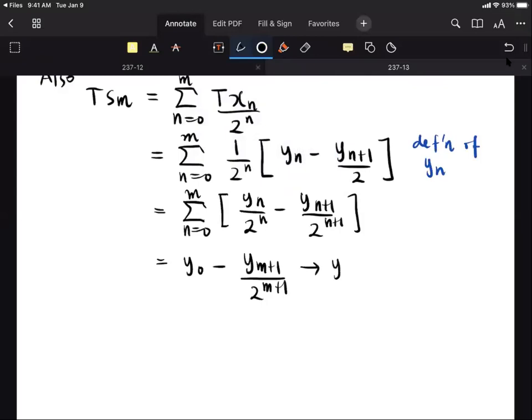This tends to y naught in the topology of y as m goes to infinity, since the numerator is bounded. Namely, this is less than or equal to xi for all m.